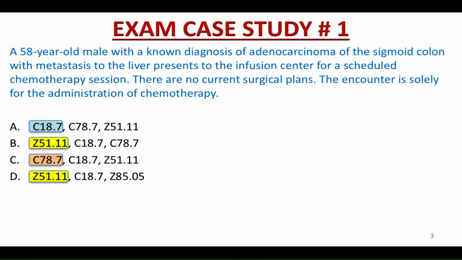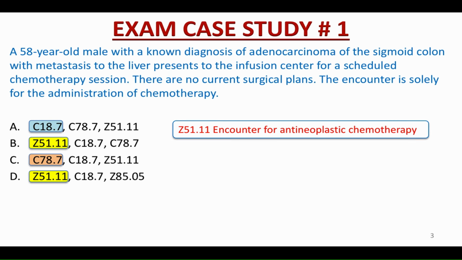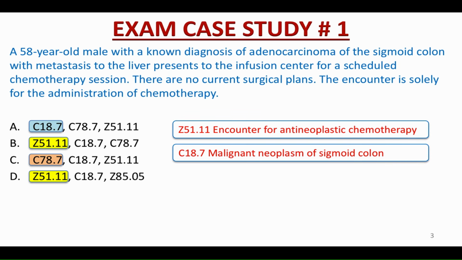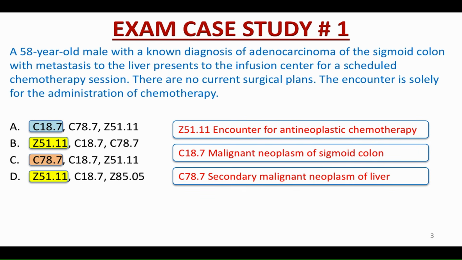Assuming you already looked them up in your book, here's what you should find. Z51.11, encounter for antineoplastic chemotherapy. C18.7, malignant neoplasm of sigmoid colon, and C78.7, secondary malignant neoplasm of liver.